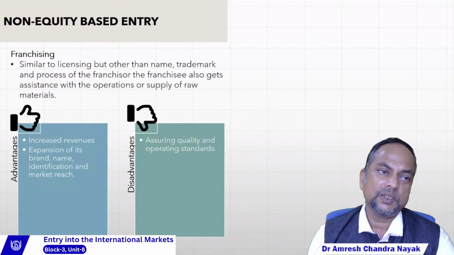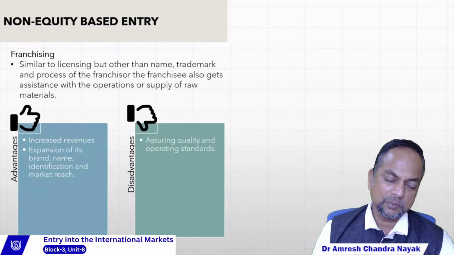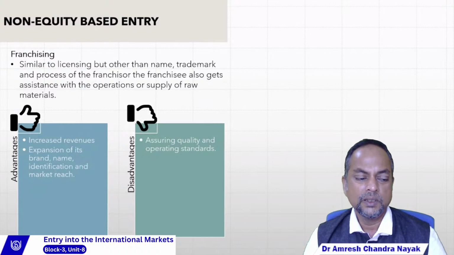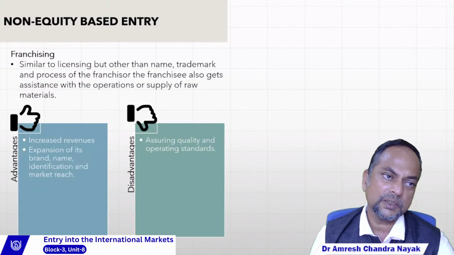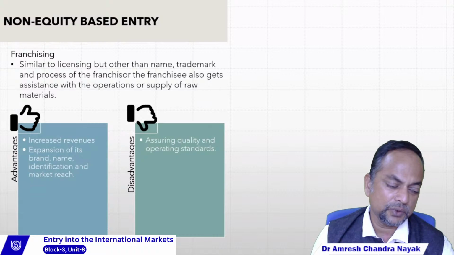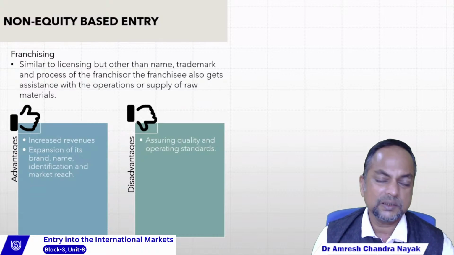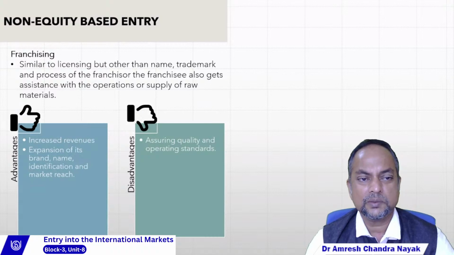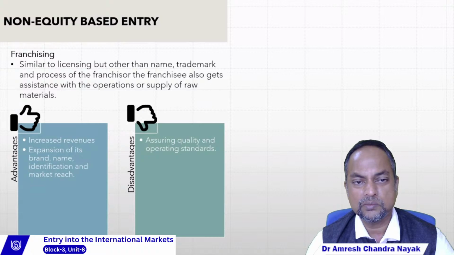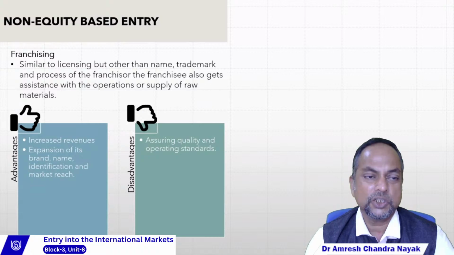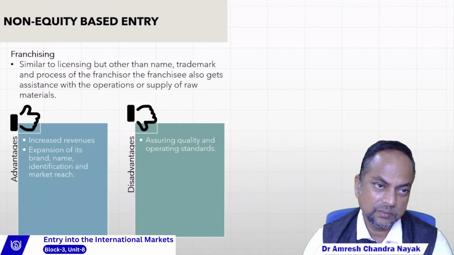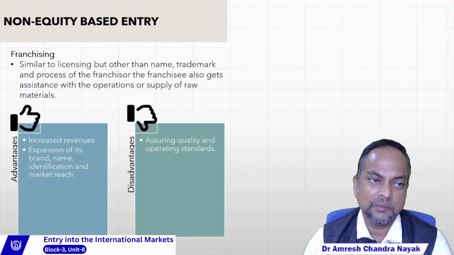Contrary to that, we do have one more process. It's franchising. Right now, this licensing process and franchising process both are quite similar to one another. But franchising is a process which does involve additional things. Like in licensing, we provide the name, trademark, process.